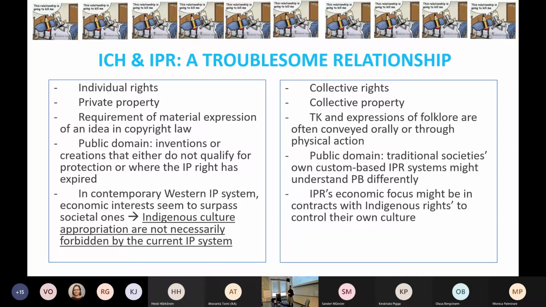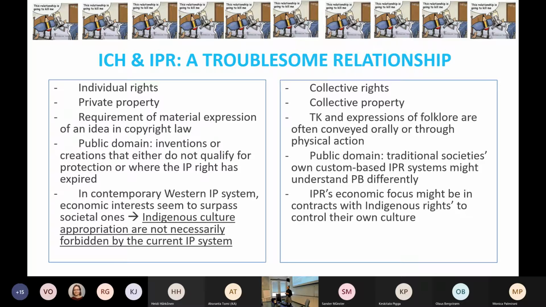Some of the so-called technocratic issues: intellectual property rights are individual rights, private individual rights, while rights to cultural heritage, when we speak about indigenous cultural heritage, very often are collective rights, owned by a community, not by an individual person. Again, when we speak about intellectual property rights, we refer to all the features of private property, while this is not the perspective reflected in the cultural heritage of indigenous people, who speak mostly about collective property.